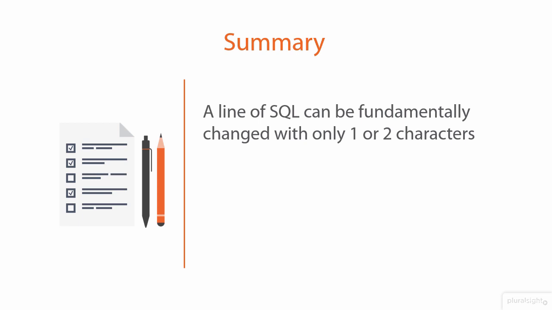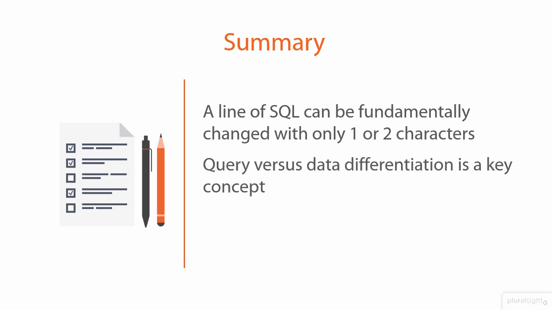Another thing I talked about quite a bit was this concept of query versus data. So in other words, what is the statement that's going to be consistent across all sorts of usage patterns of the website? So for example, select star from color versus the data, which is going to come from the website as untrusted data.